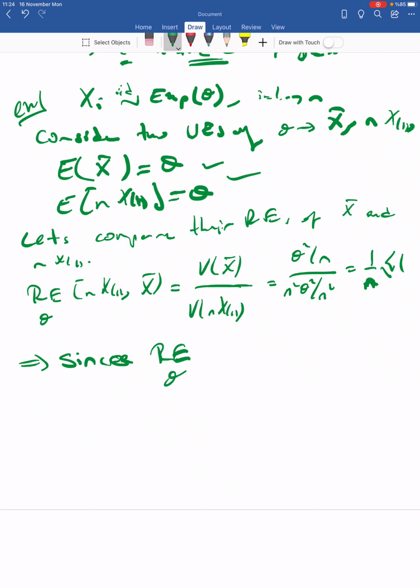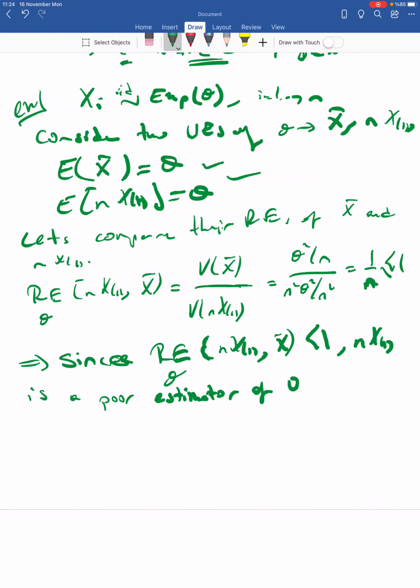relative efficiency of theta for these two estimators is less than 1, x1 is a poor estimator, or x bar is a better estimator of theta.